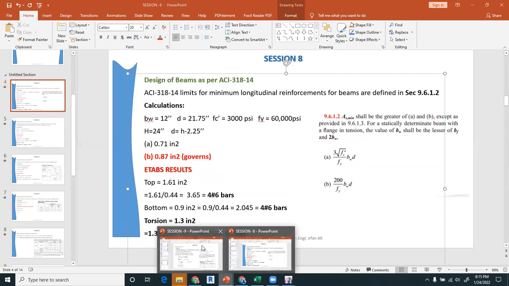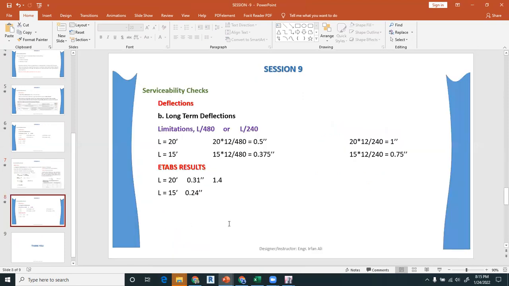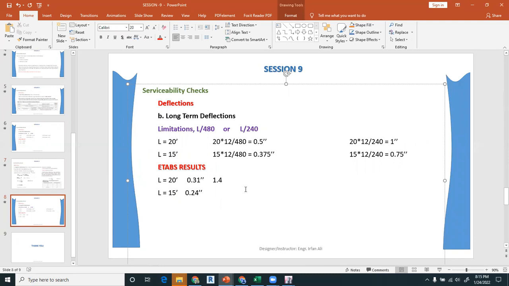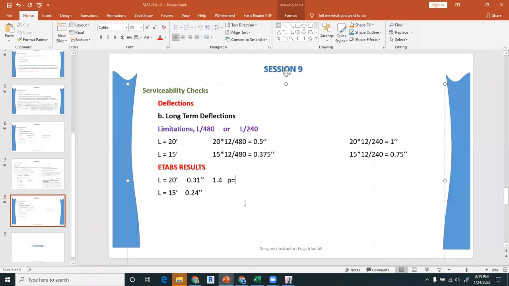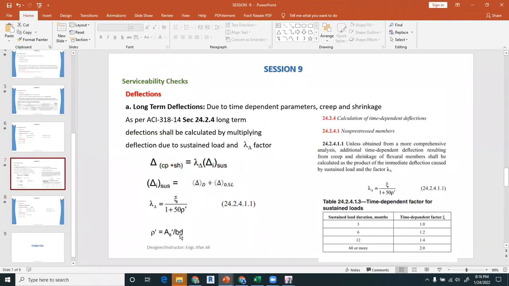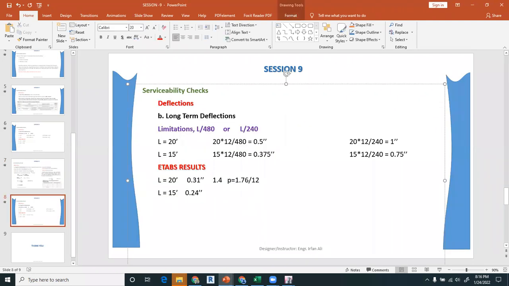So rho will be equal to the area of top bars, 4 number 6 bars, which comes out to be 4 into 0.44, that is 1.76 inch square, divided by b times d, where b is 12 and d is 21.75.